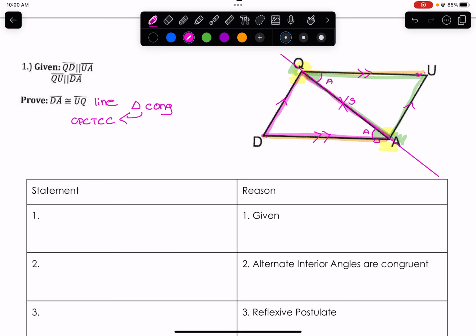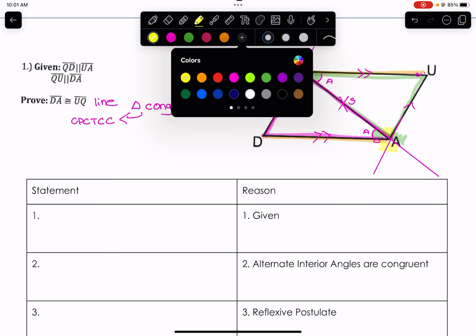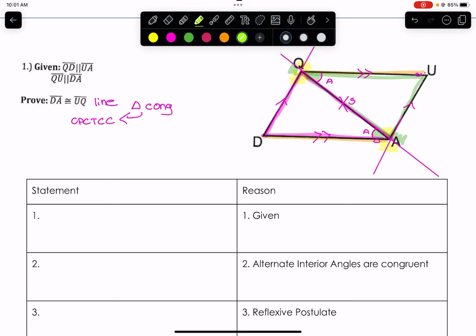Now, that was my first set of parallel lines. I'm going to look at my other set of parallel lines. So again, I have my parallel lines. And now again, if I highlight, let's use some brighter colors. Let's do purple, right?